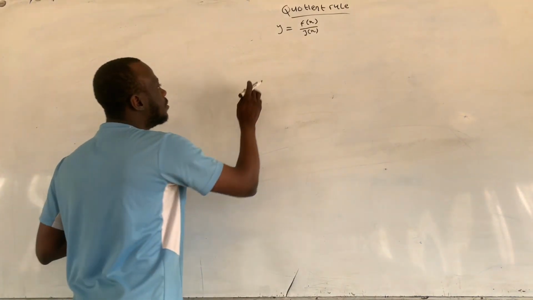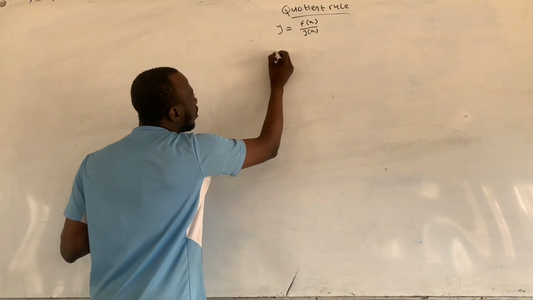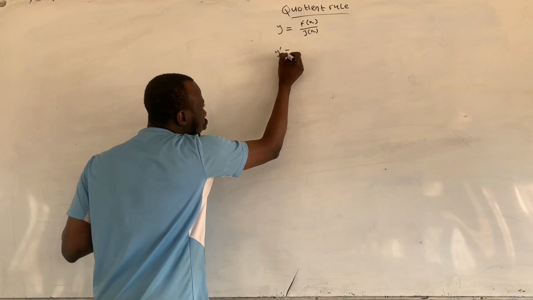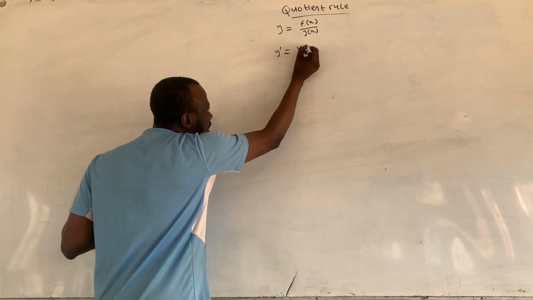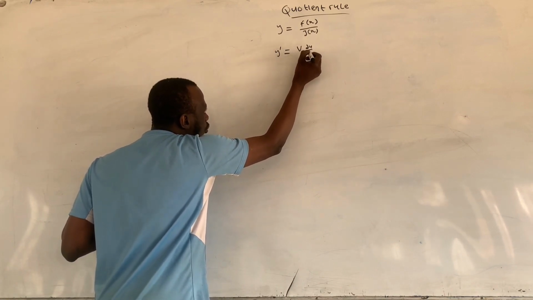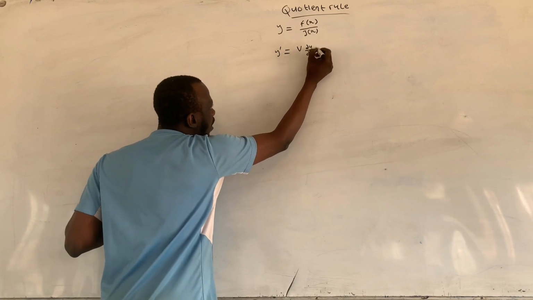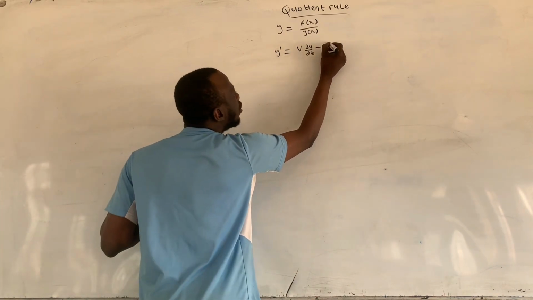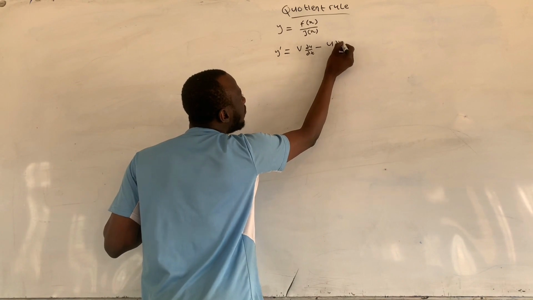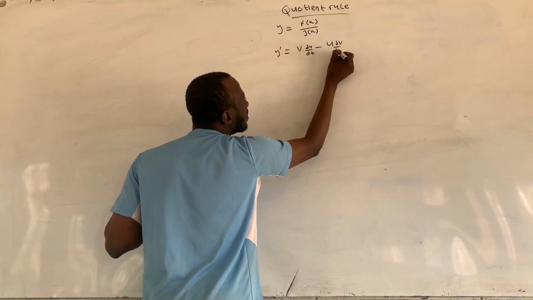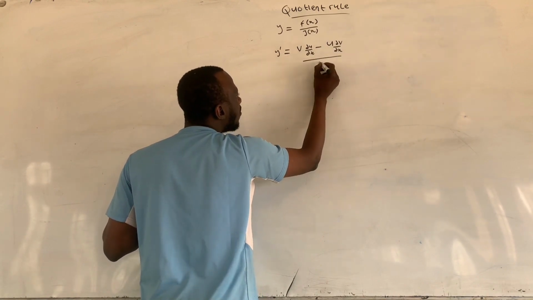Now, the rule states that y prime is equal to v du over dx minus u dv over dx, all over v squared.